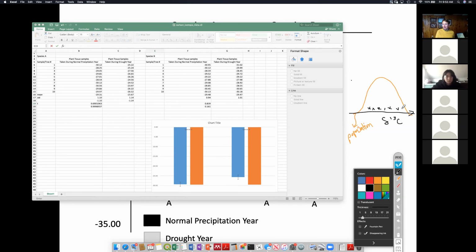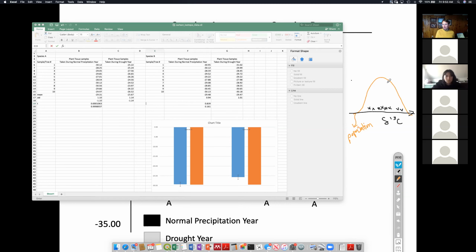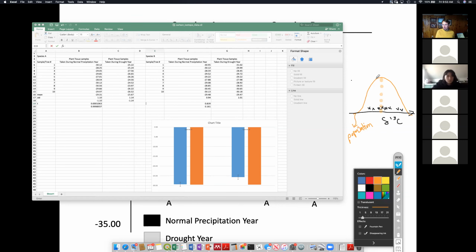So this is like a random draw out of this population. This is my population mean, and my sample mean is whatever I got out of my sample. These guys over here are a sample from this population.